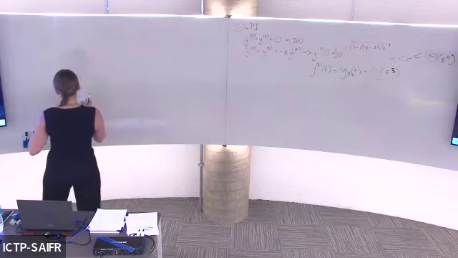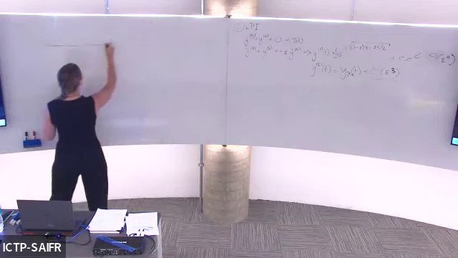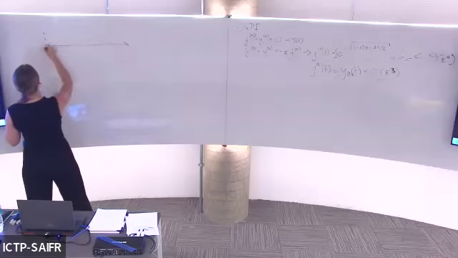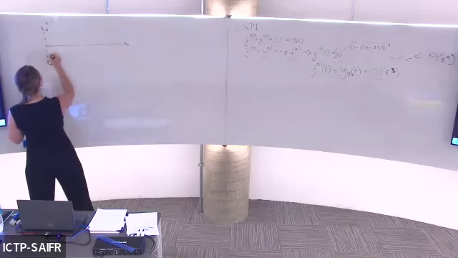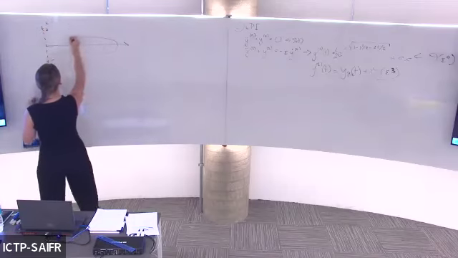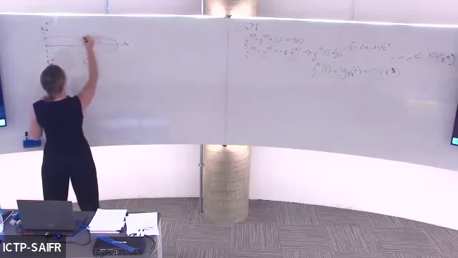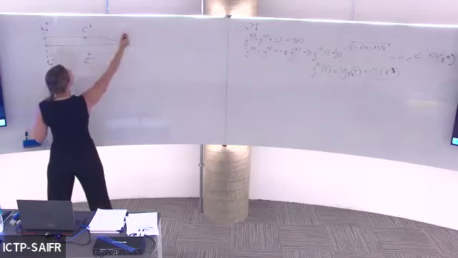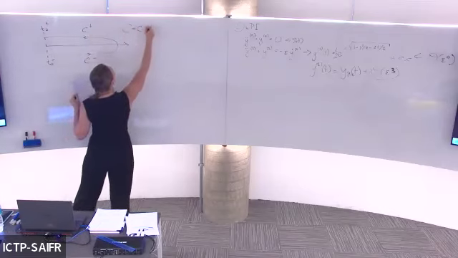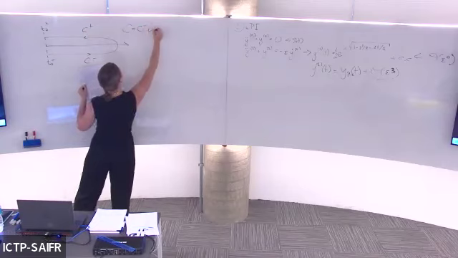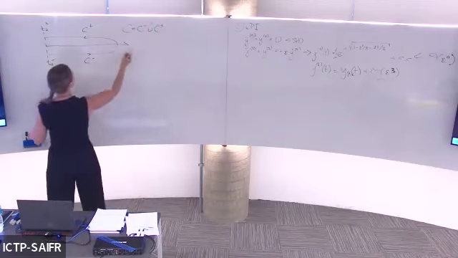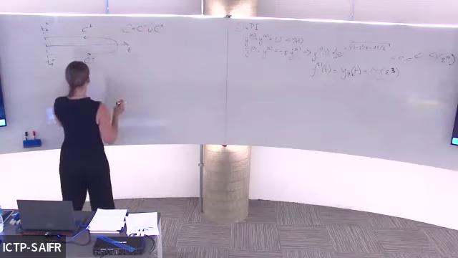So you remember you had your Keldysh contour. Minus, plus, this guy, it's C minus, C plus, and the entire contour is C minus plus C plus. And this is our time, okay?